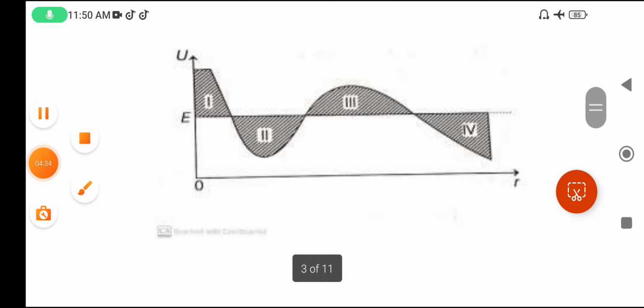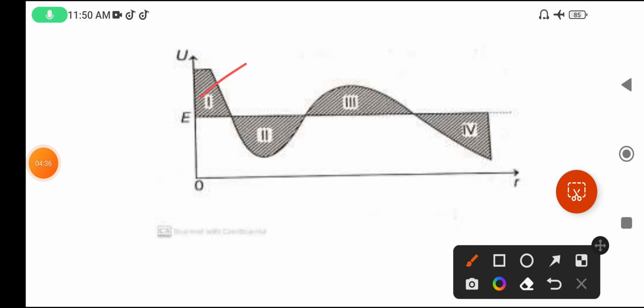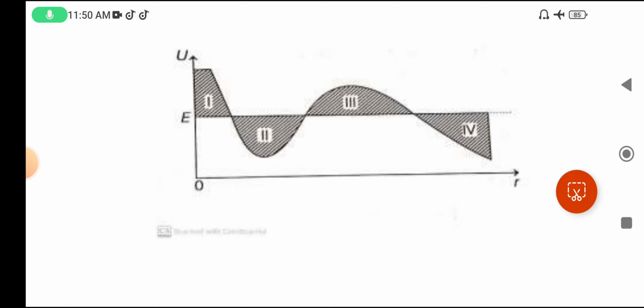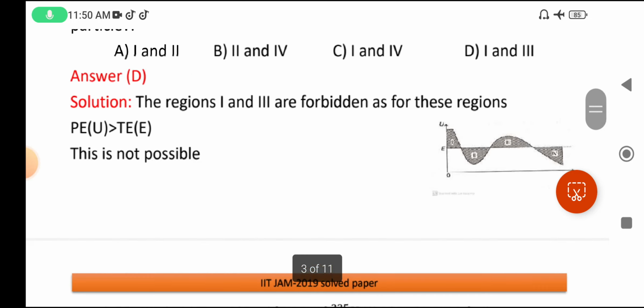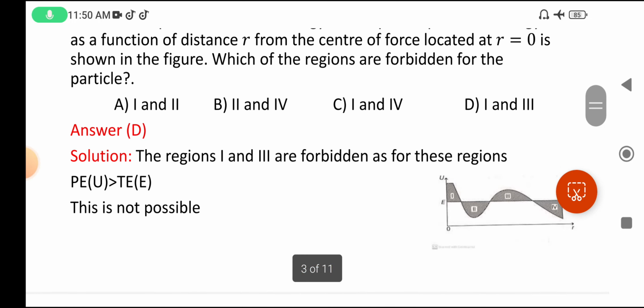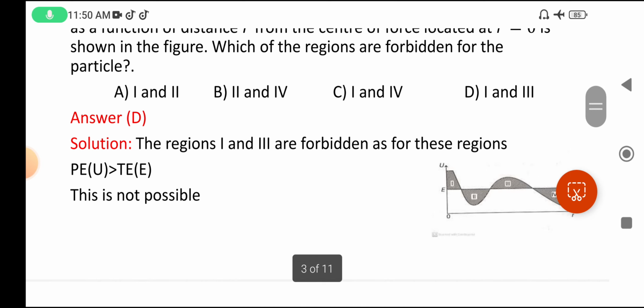Regions 1 and 3 are positive energies and 2 and 4 are negative energies, and potential energy is a function of R, meaning energy changes as the R value changes.